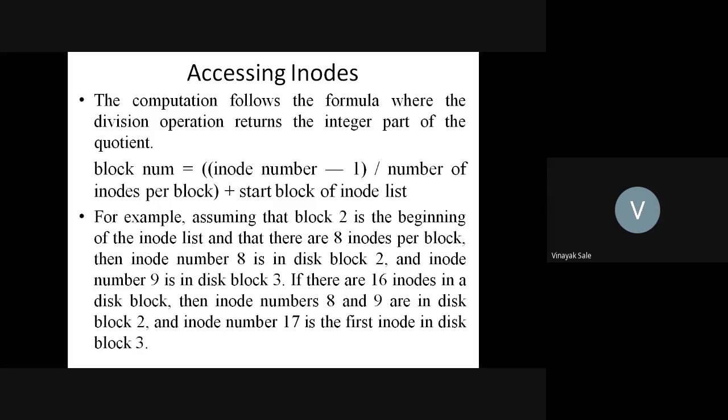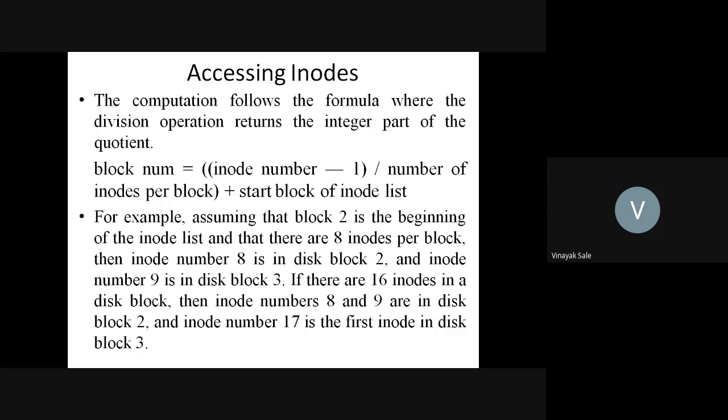If there are a total of 16 inodes in a block, then inode numbers 8 and 9 are in block 2 and inode number 17 is the first inode of block 3.